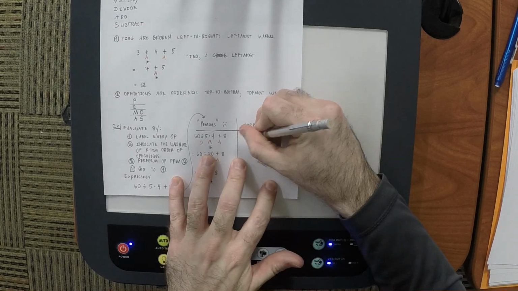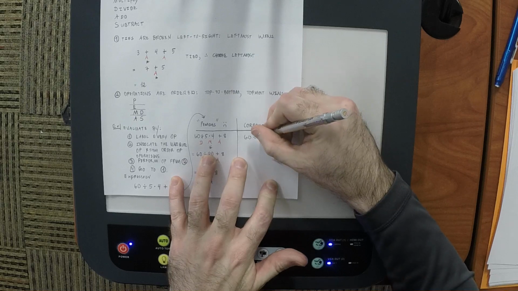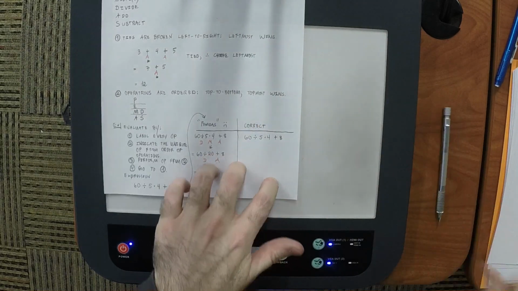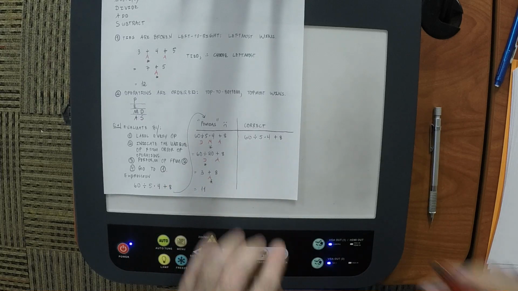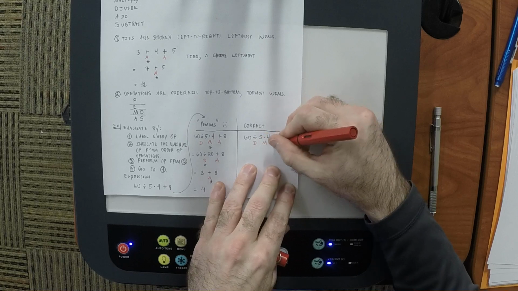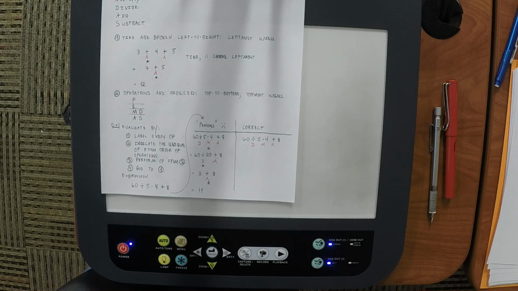So, 60, doing it in the correct way. 60 divided by 5, multiply 4, add 8. So, label every operation. Same labels, D, M, A. But now things are different. Why are things different? Right.